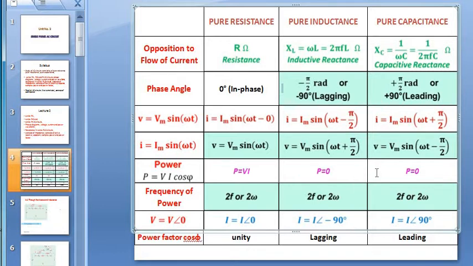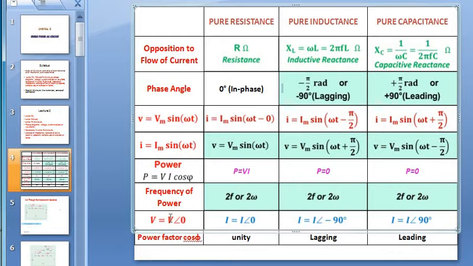Do remember, if in a question they ask to calculate the power absorbed in the case of pure inductance or pure capacitance, you need not calculate the power. You can directly write power is equal to 0, since pure inductance or pure capacitance never consumes power.